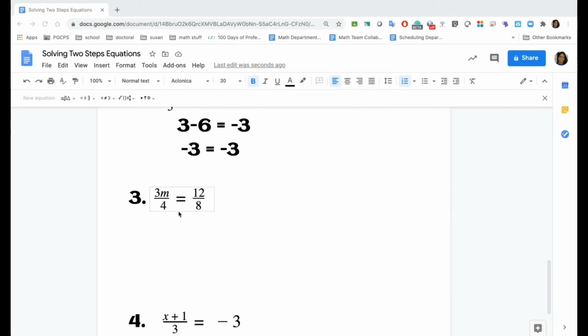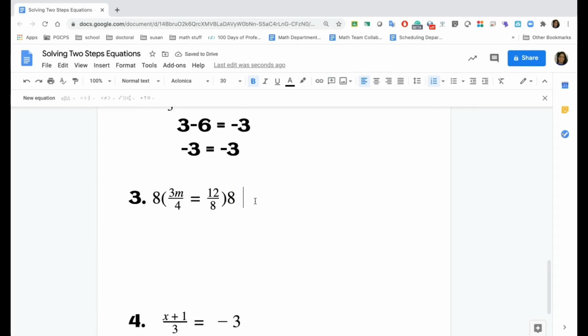Since there are two denominators, we need to find the least common denominator, and that is 8, because 8 can be divided by both 4 and 8. So let's multiply the left side by the LCD, which is 8. Multiply also the right side of the equation by 8.